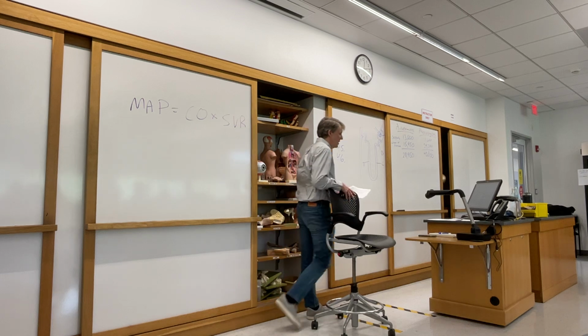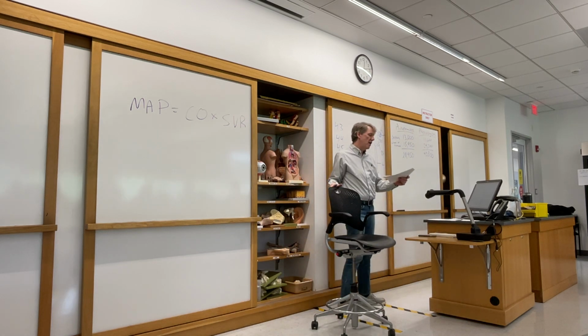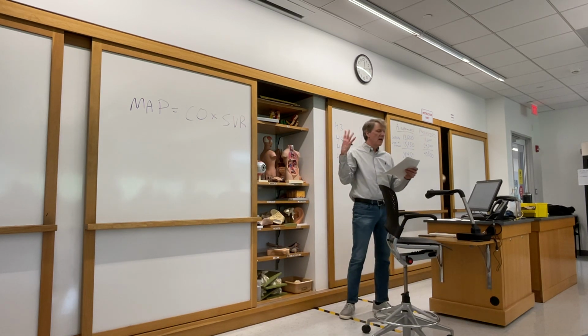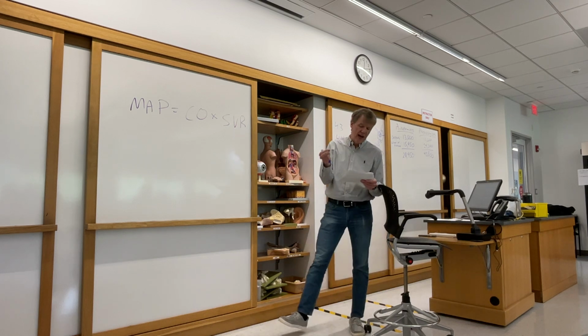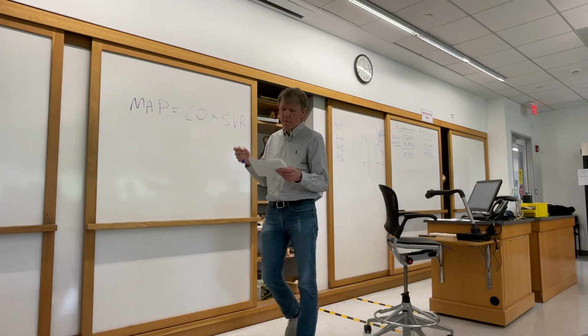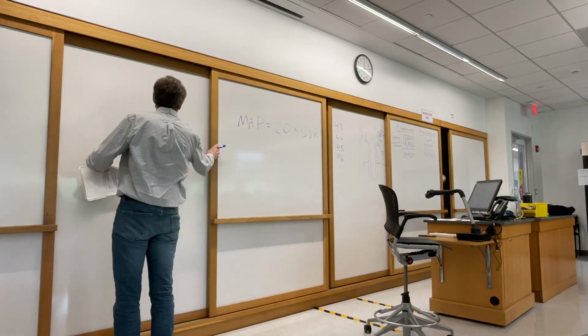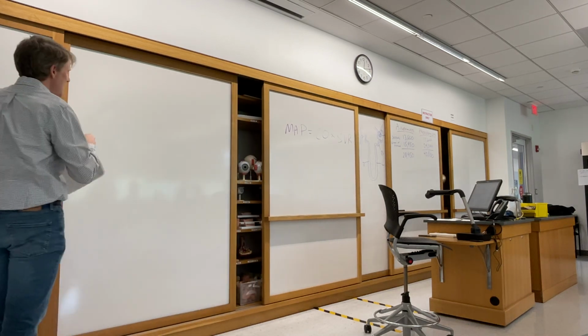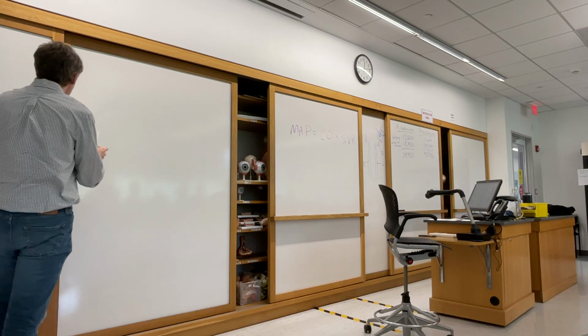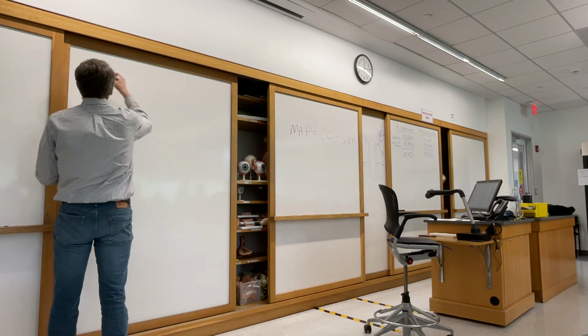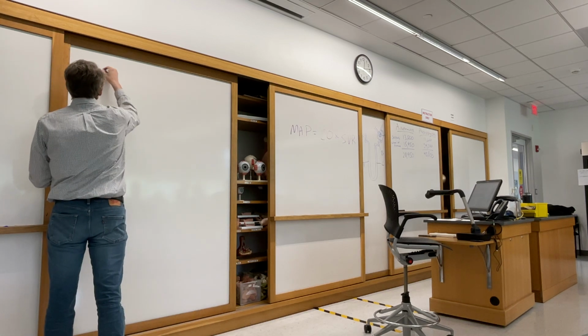And what you need to know about the phosphate buffer system is the 2 parts that make up the phosphate buffer. In other words, what's the chemical that acts like a weak acid? What's the chemical that acts like a weak base? And the answer to that is, did I leave that up here? No, I erased this. So in the phosphate buffer system, the chemical that acts like a weak acid is dihydrogen phosphate.